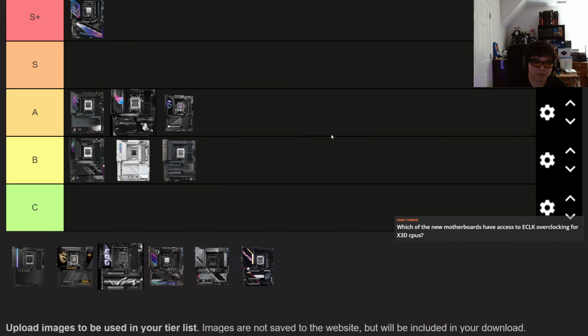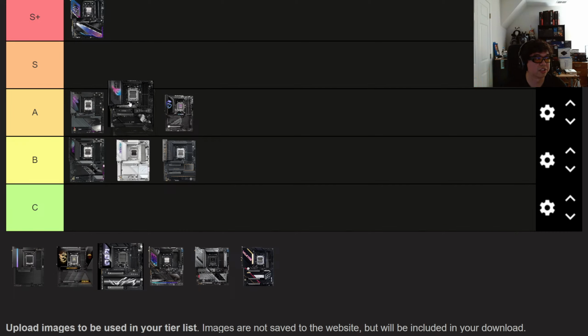Which of the new motherboards have access to the overclocking for X3D? Excellent question. That is something that we've been trying to find out. Right now, it's hard to tell. I know for a fact that the Strix has E-clock. The Hero, which we'll talk about soon, has E-clock. The Godlike has E-clock.